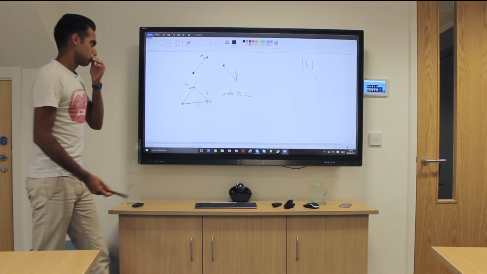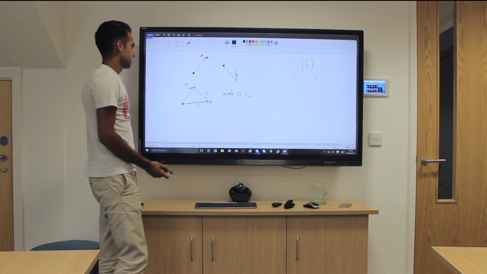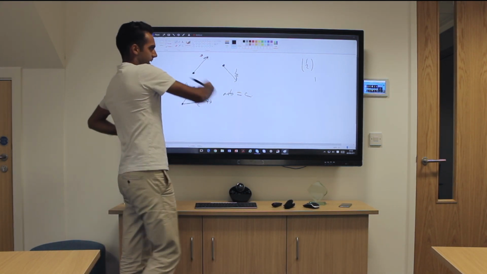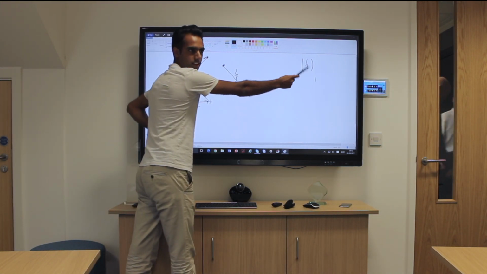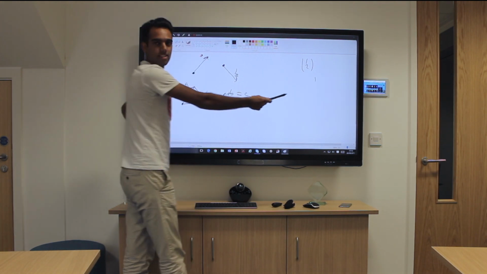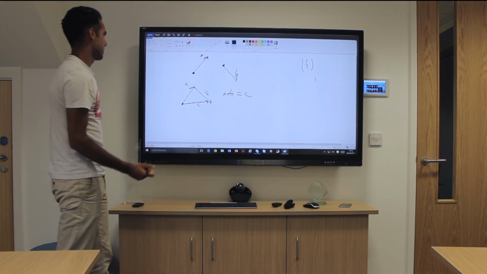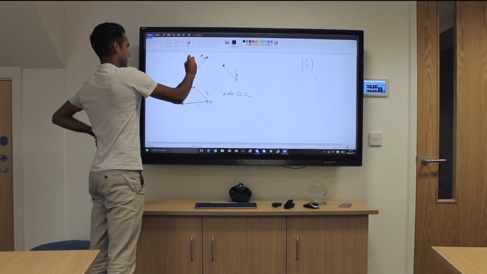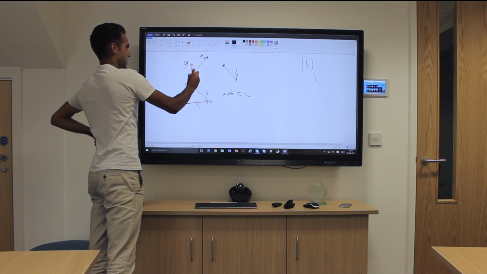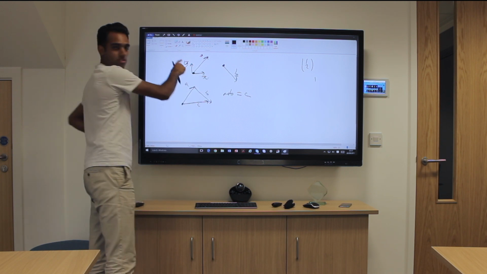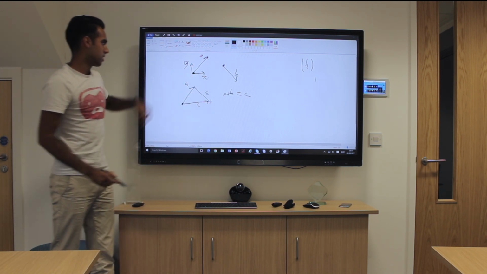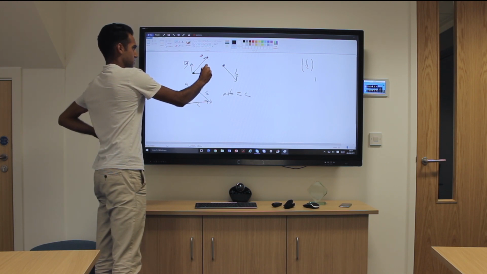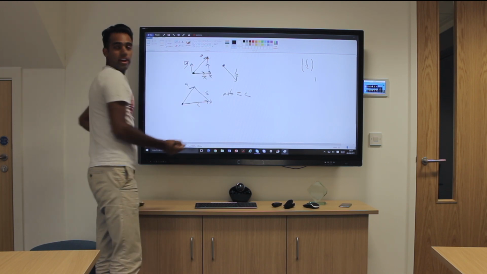Well, what we do is we introduce what's called a basis. If I want to write down this vector A so that I can compute on it, how do I do that? Well, I might say that I have this basis: a y vector in that direction and an x vector in that direction, right? And then I would say A is 2 lots of x and 2 lots of y.